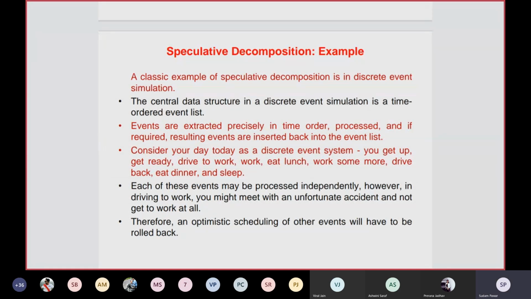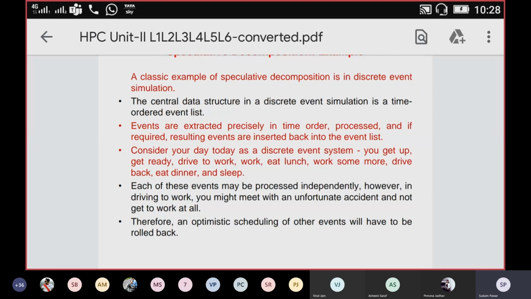Hello. Sorry. We are talking about the speculative decomposition example. Am I audible? Yes, sir. Okay, I will continue.